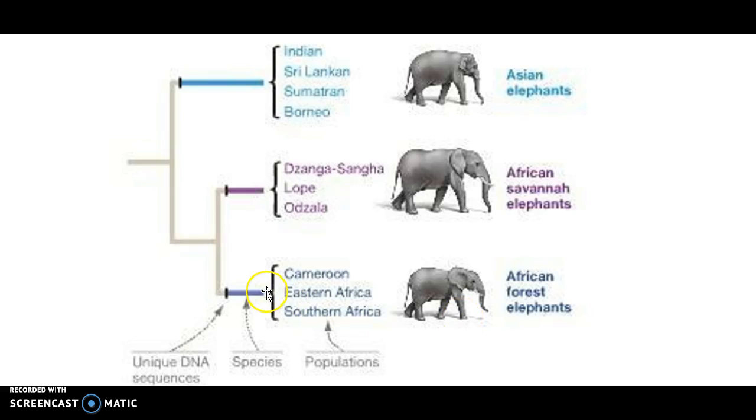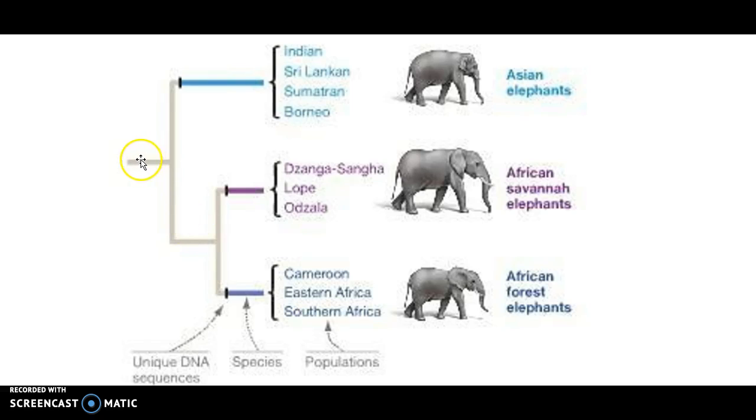And so if we were to take a look at their phylogenetic tree, then we can see that the African savanna elephants and the African forest elephants are more closely related in terms of their DNA. So here we've identified a specific species based on unique DNA sequences. And so it's like the closer the branches are together, the more closely related are their DNA sequences. And that's how we organize organisms on a phylogenetic tree.